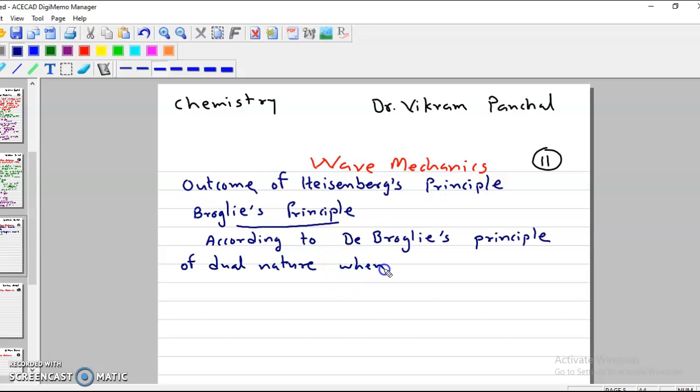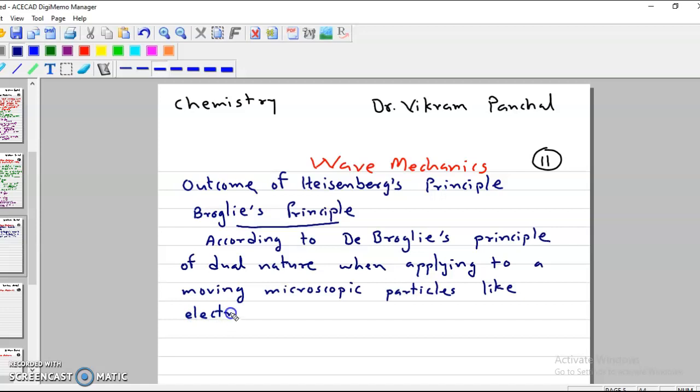when applied to a moving microscopic particle like an electron, then its structure of atom would be more complicated.